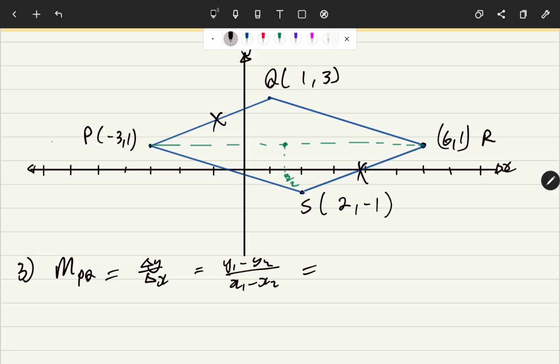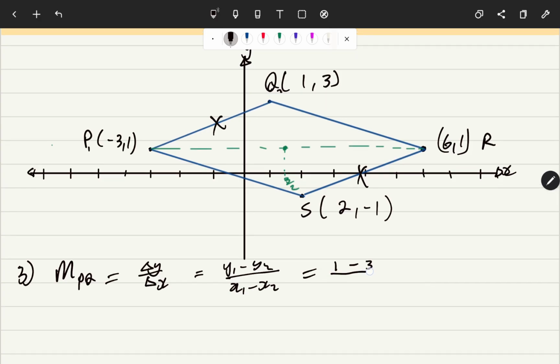So y1 is P. This is 1 and this is 2. So in that case, y1 is 1 minus y2, which is 3, that is fine. y1 minus y2, so 1 minus 3. Cool. That's fine so far. And now x1, that's minus 3, minus x2.